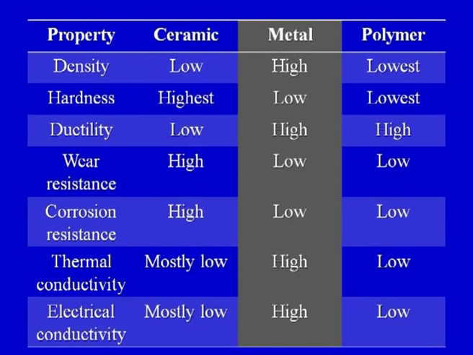So all these properties on your screen are one way or the other related to the processing of the materials. Whatever property is there, it will have a direct or indirect bearing on the processing of a particular material.